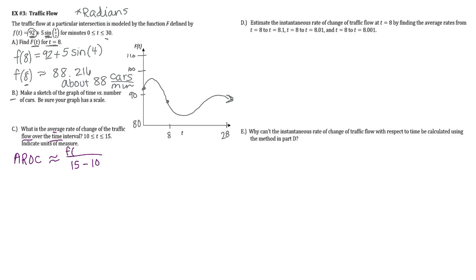So we're going to say f at 30, or no, f at 15 minus f at 10. And so for that, then we're going to end up with about, because we'll estimate, 1.897 cars per minute.